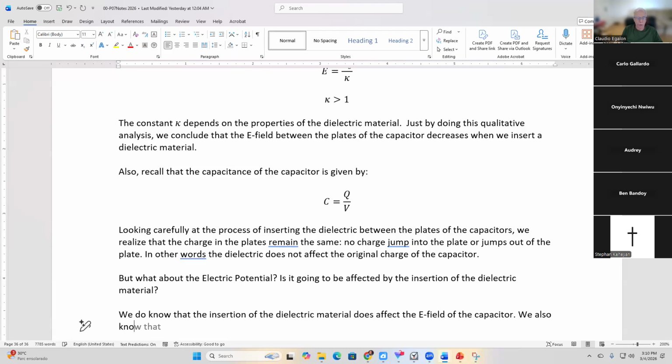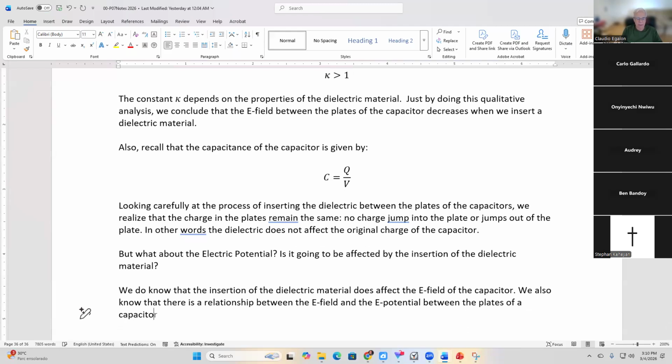We also know that there is a relationship between the electric field and the electric potential between the plates of a capacitor. Remember that? There's a relationship for a parallel plate capacitor.